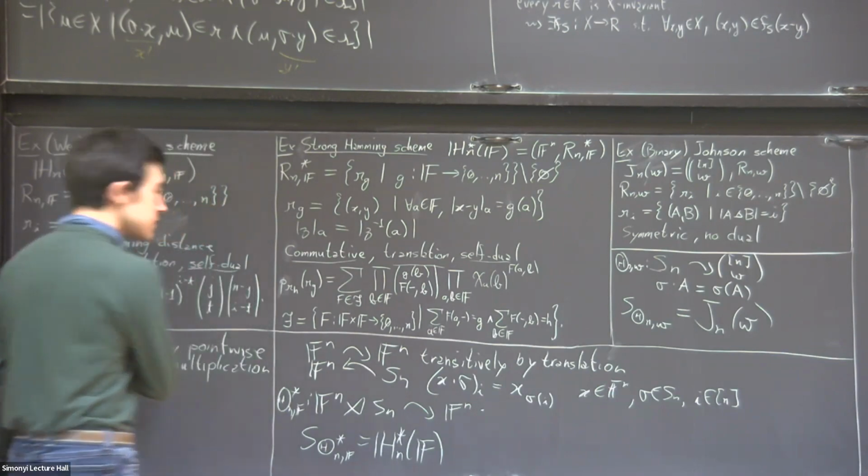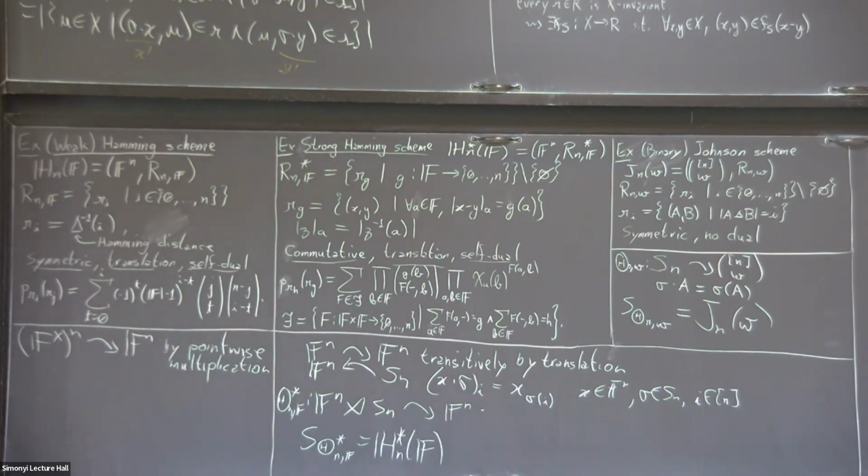And now, what does this action do? This action essentially erases the information about non-zero things, right? If I take something here and act with this, everything that's non-zero can be mapped into everything that is non-zero, and things that are 0 can only be mapped into things that are 0.